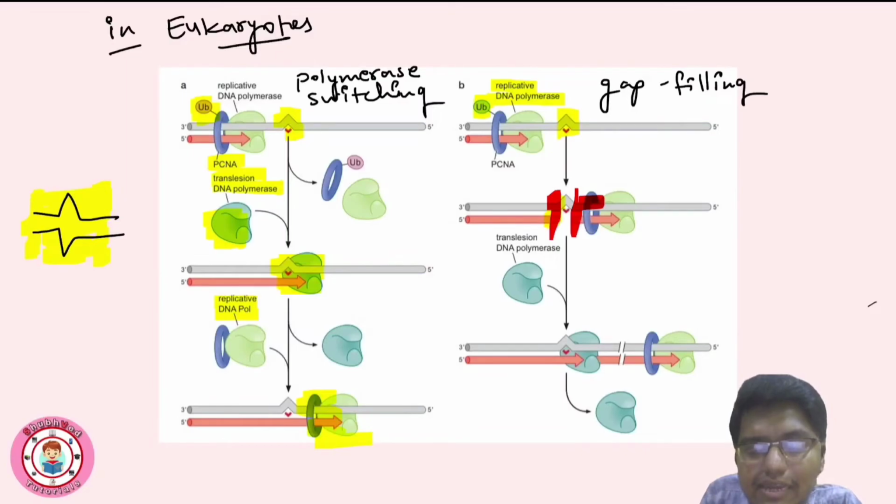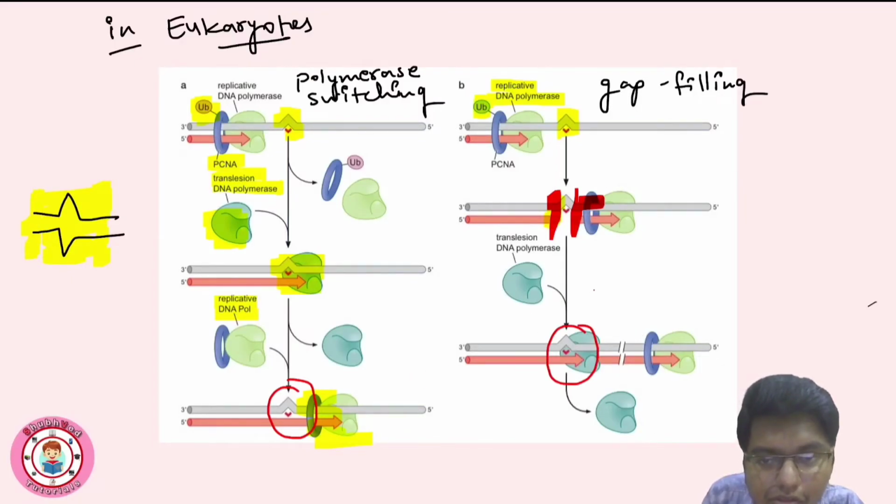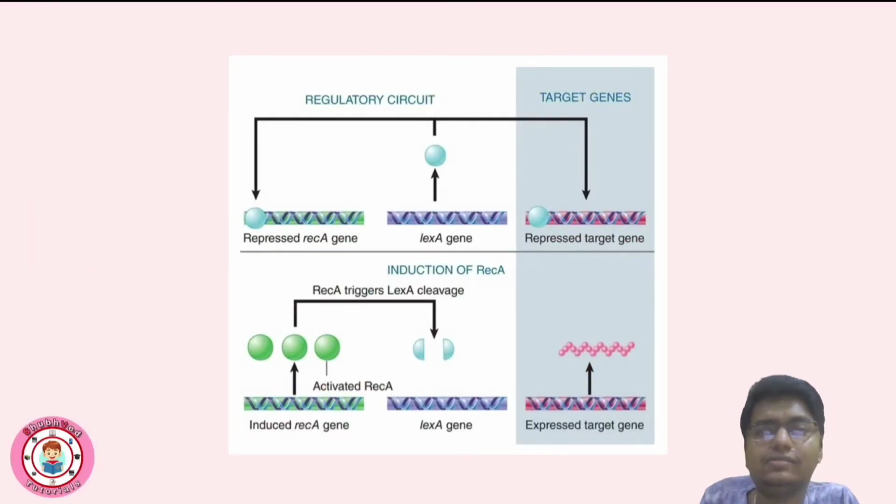Now this is a highly mutagenic process. As we saw, this can lead to a lot of mutations because the damage is still present. We can see here the damage is still there, right? Thus this is mutagenesis, means mutations are still present in the DNA, right? So this is a tightly regulated process. How is this regulated?